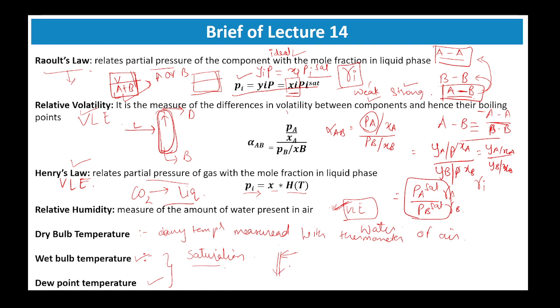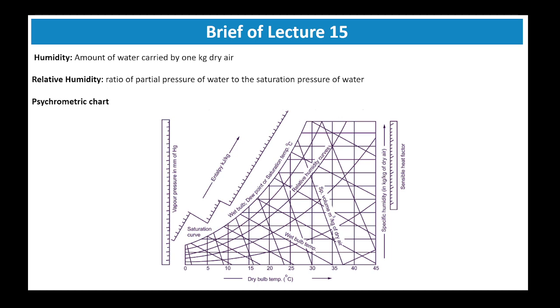The dew point temperature represents where the first droplet of water comes out of air. It is also called the saturation point, because below this temperature, the air will no longer be able to carry water.